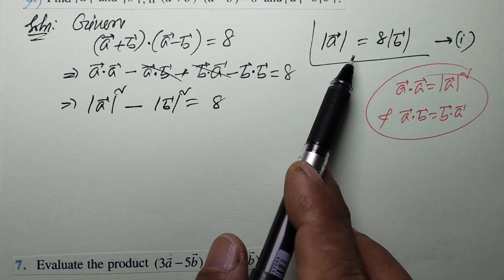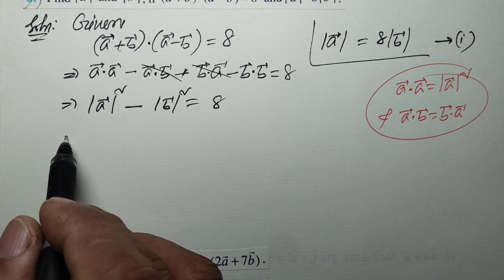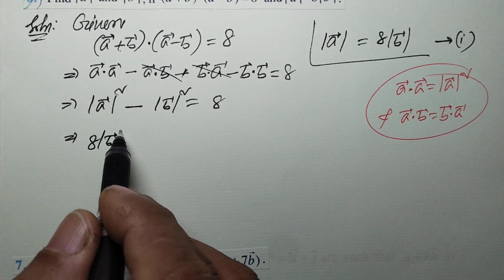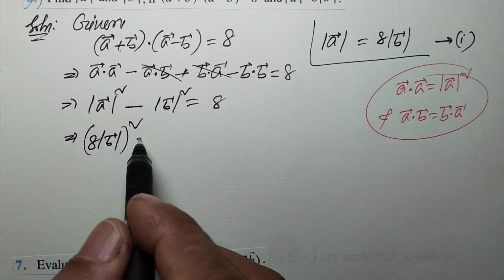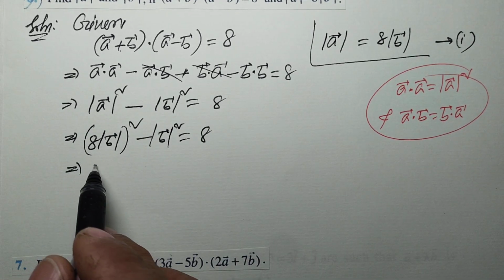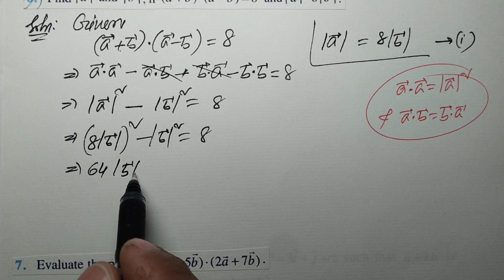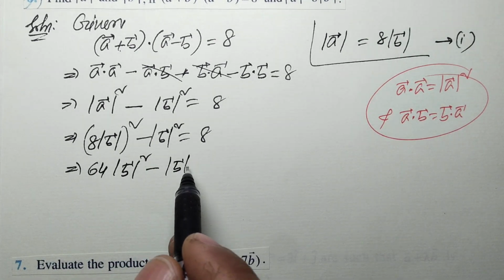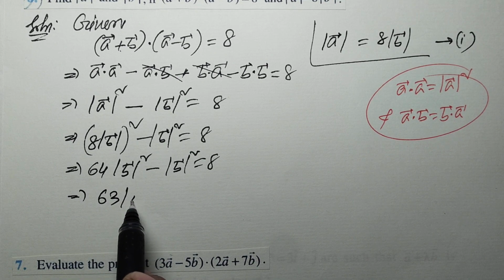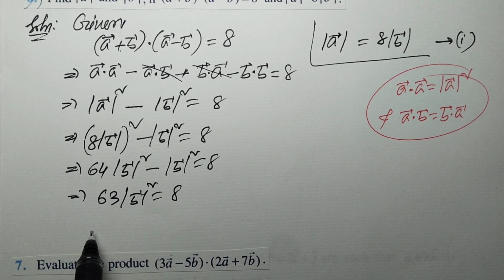Now I can use the condition given. In place of a magnitude I can write 8 times b magnitude, squared, minus b magnitude square. Right hand side is 8. 8 square is 64 into b magnitude square minus b magnitude square is equal to 8. 64 minus 1 is 63 times b magnitude square is equal to 8.